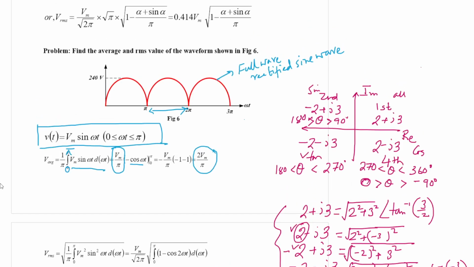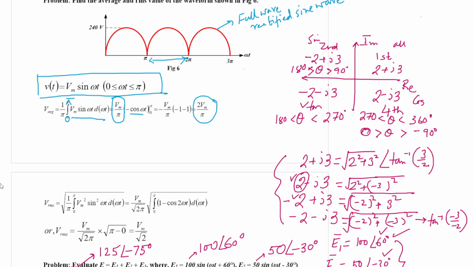However, if we do the RMS value, you need to do a square, then take the mean value, that is the summation. You need to divide it by pi to get the mean value, then you take the square root. So this Vm square, if you take it outside, it will be only Vm, and this is sine square, so 2 sine square by 2.